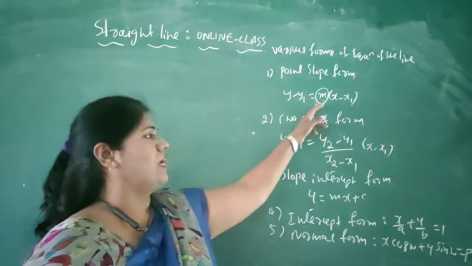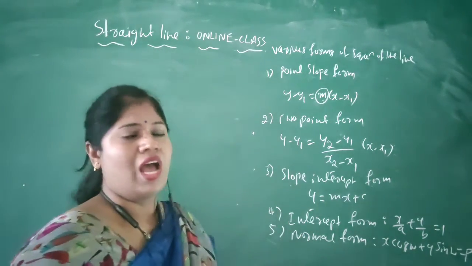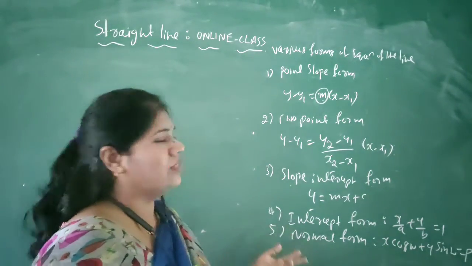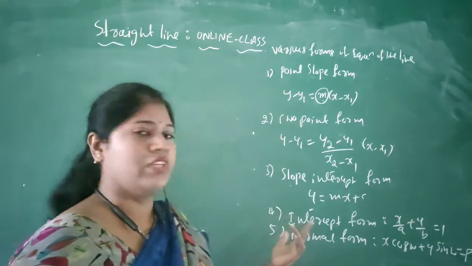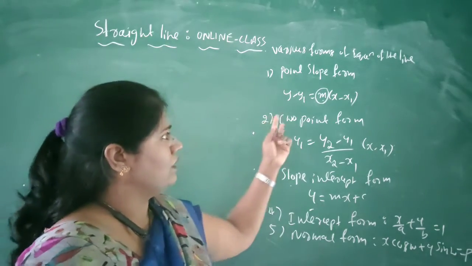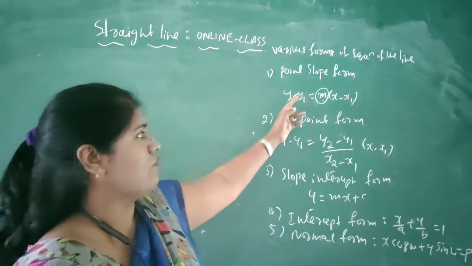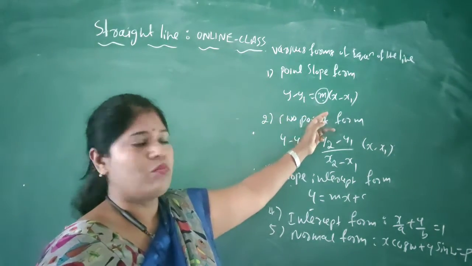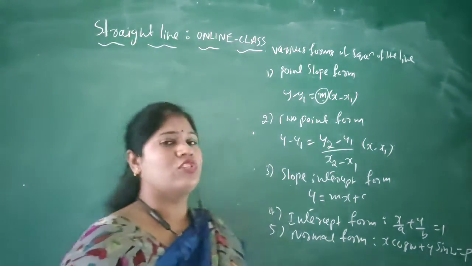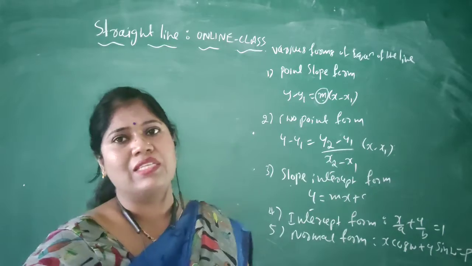Finding slope we have already done. That is m equals tan theta, or m equals (y2 minus y1) divided by (x2 minus x1). There is another method of finding slope. If the equation is given, we have to use m equals minus a by b. These are the three methods of finding slope. After that, we have to use various forms of equation of the line. y minus y1 equals m of (x minus x1). 2-point form is y minus y1 equals (y2 minus y1) divided by (x2 minus x1) of (x minus x1).